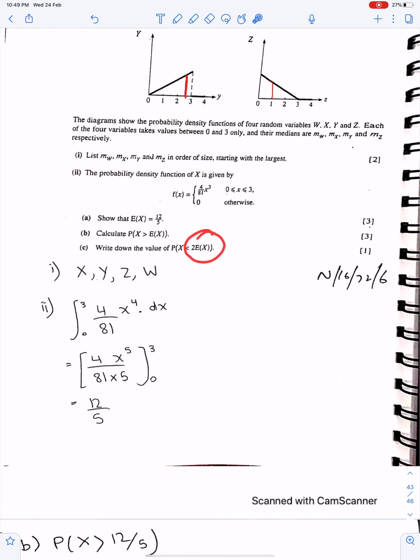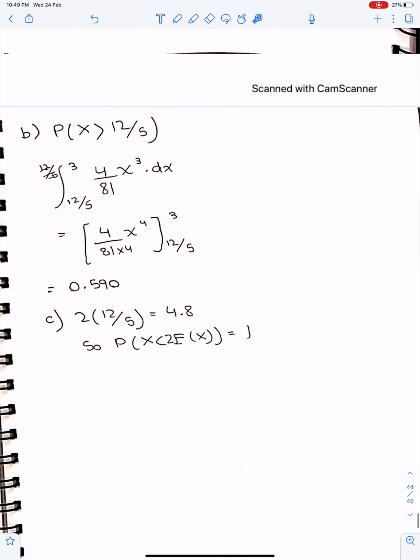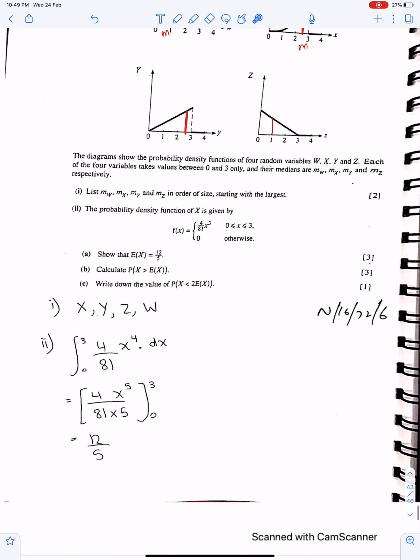This 2 E(X) is also very simple. You have this probability E(X), so 2 E(X) is again simple. This probability is 0.590. What about this probability?